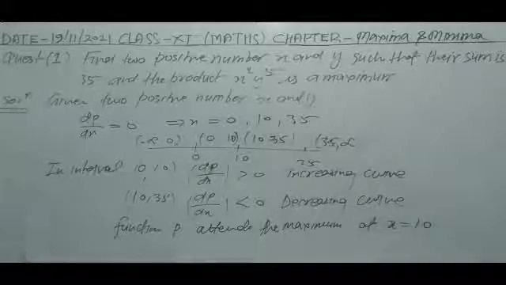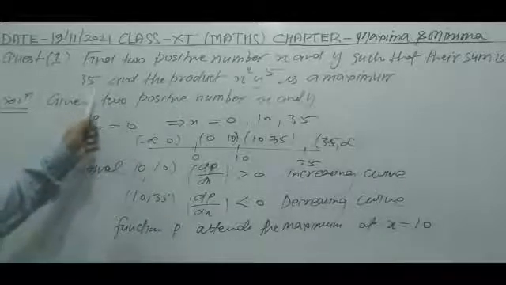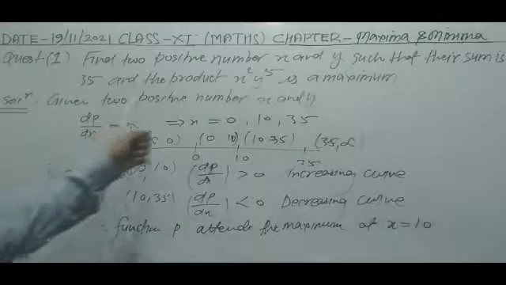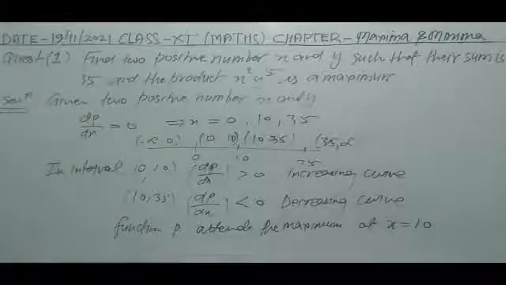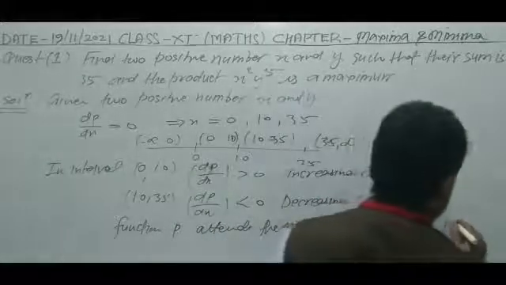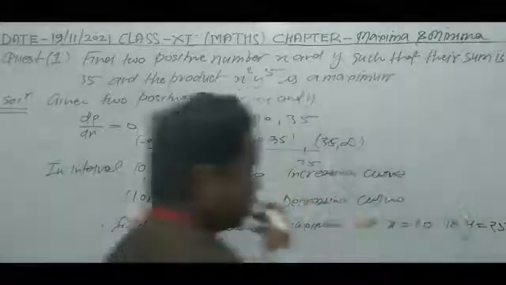So when you put x is equal to 10, you get its maximum value. When you put x is equal to 10, you get y is equal to 25 because their sum is 35. That is, y will be equal to 25 because their sum will be 35.